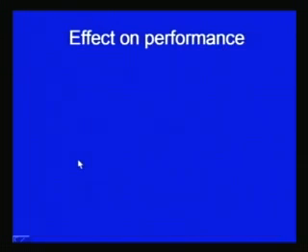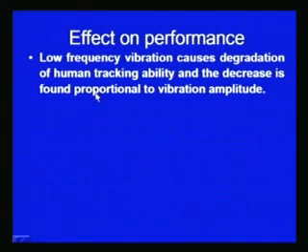Low frequency vibrations are known to cause degradation of human tracking ability, and this decreases the visibility of the object. This decrease in human tracking ability is found to be proportional to the amplitude of the vibration.